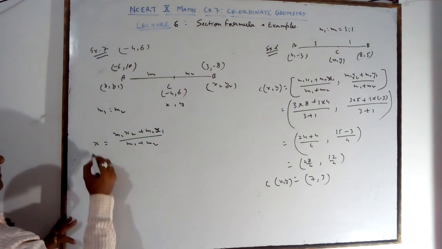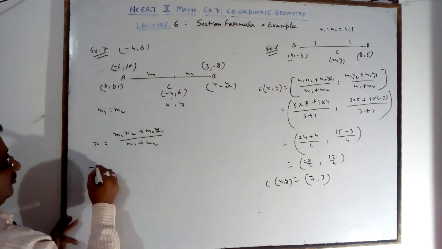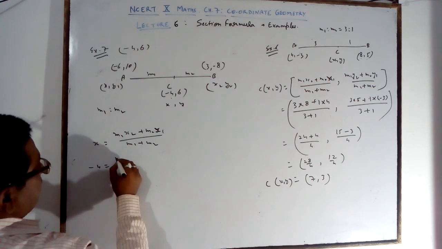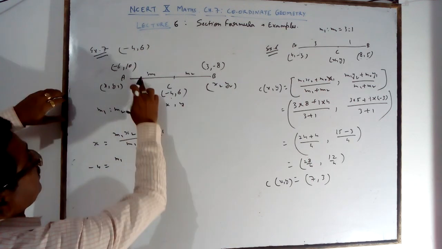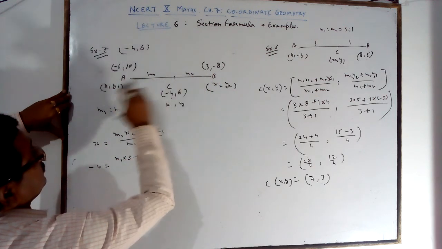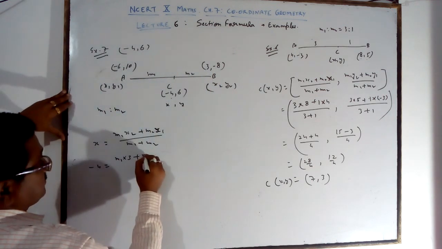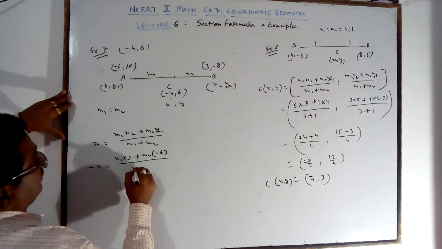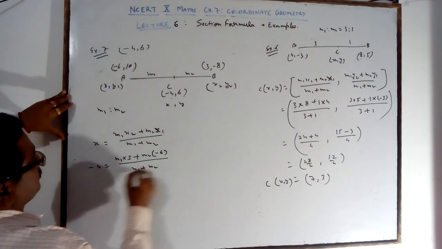Here x is given as minus 4. So minus 4 is equal to m1 into x2, that is 3, plus m2 into x1, that is minus 6, divided by m1 plus m2.